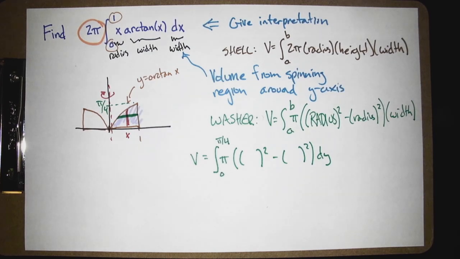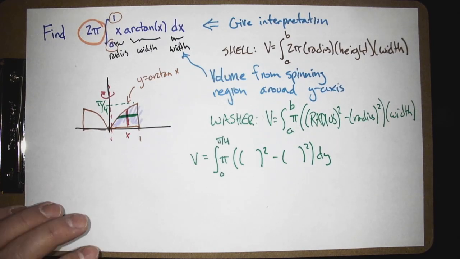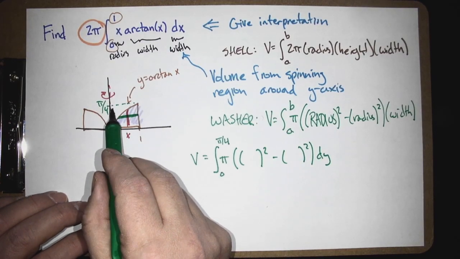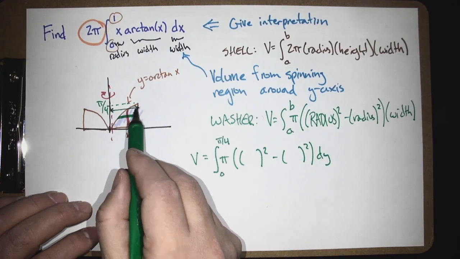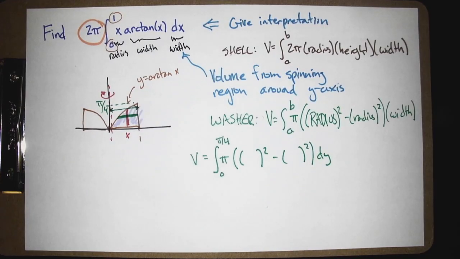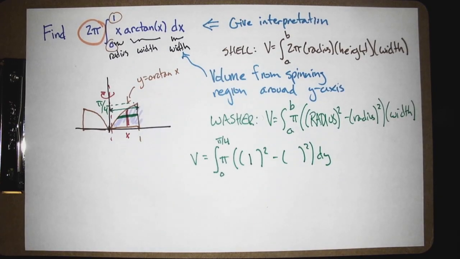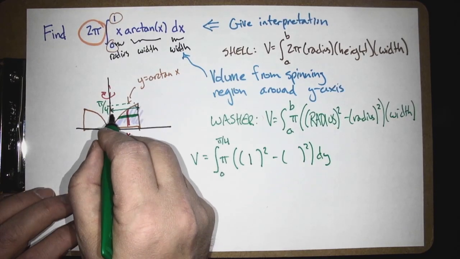Now, what is our big radius? Our big radius is from where we're spinning to the curve further out. What's that length? It is 1. 1 minus 0. All right, almost there. Now, inner radius.